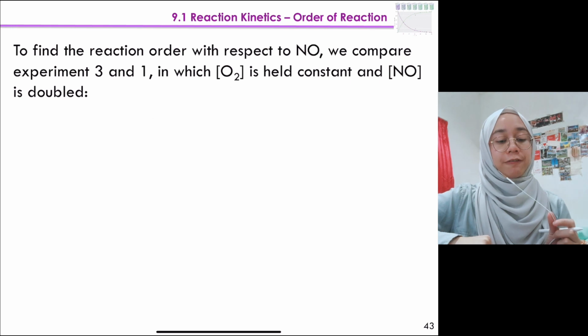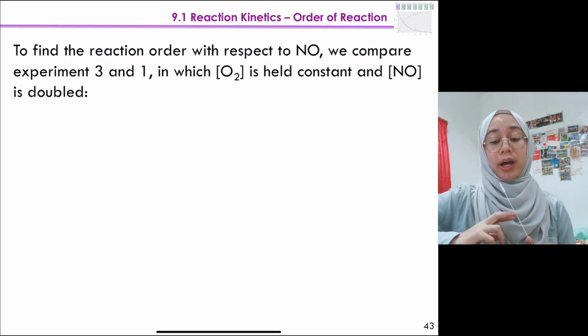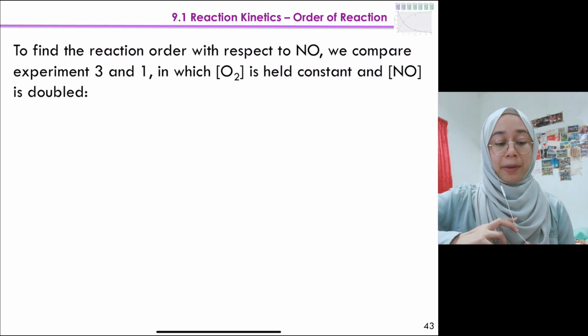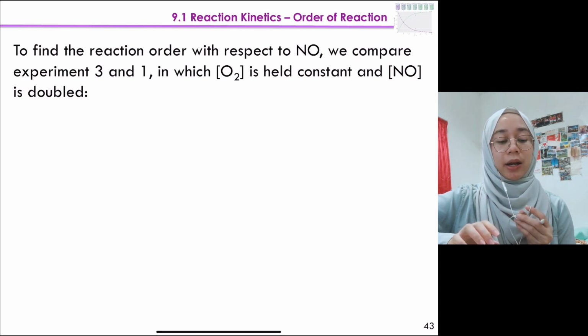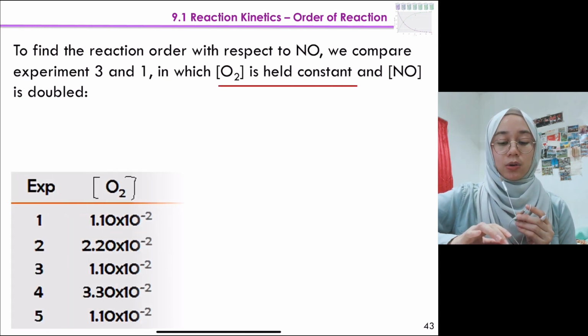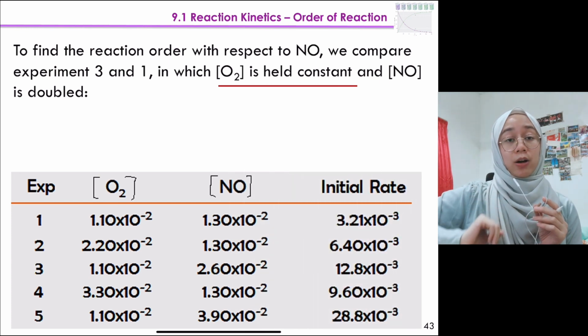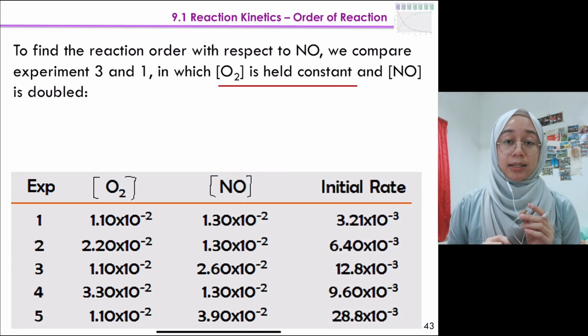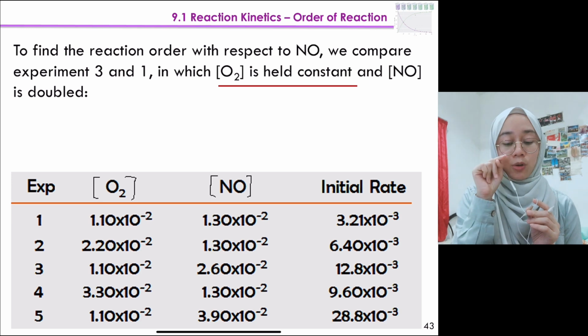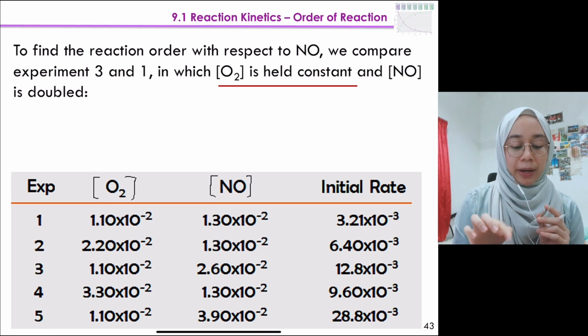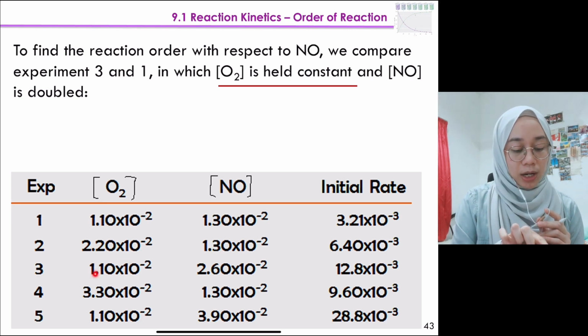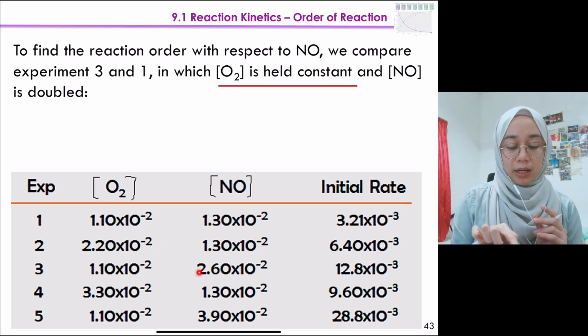So to find the reaction order with respect to NO, we compare the experiment 3 and 1 in which O2 is held constant and NO is doubled. So make sure sekarang ni O2 pula yang constant, NO pula yang berbeza sebab kita nak cari power n tu kan. So kita boleh compare, in this case dia akan compare 3 dengan 1 lah.